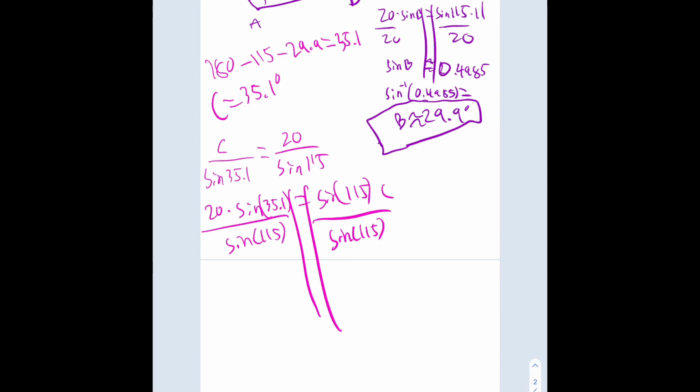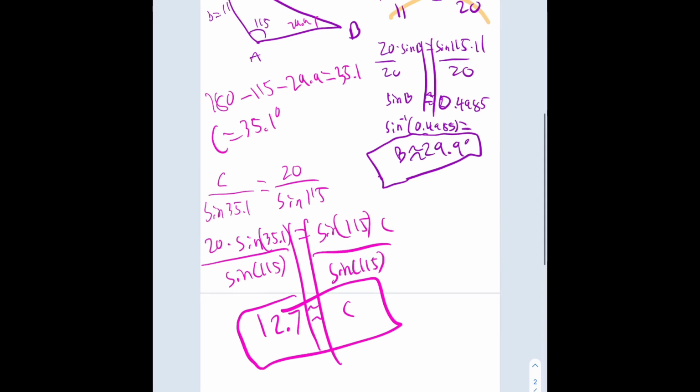So 20 sine 35.1 divided by sine of 115 gives me a side C that is approximately 12.7.